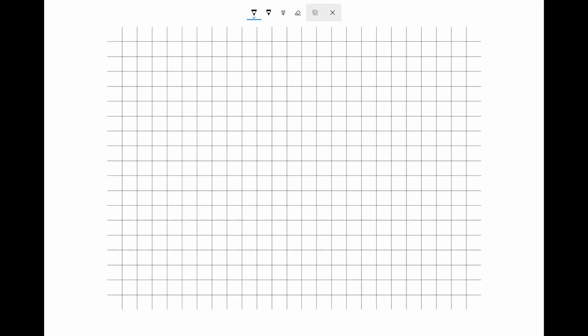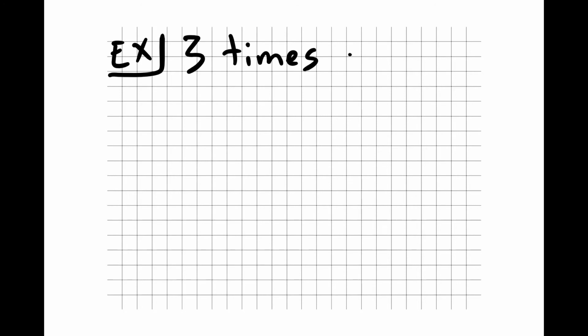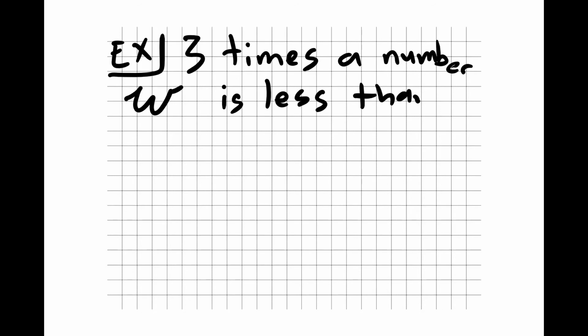Let's say you have, for example, 3 times a number W is less than 18.